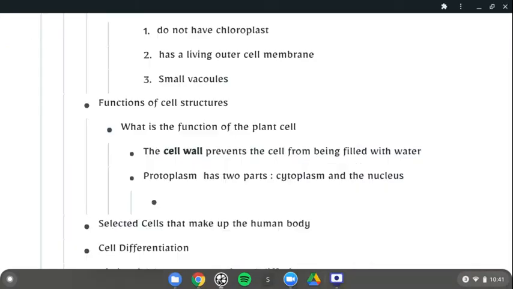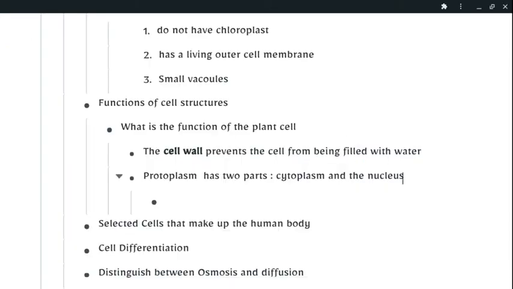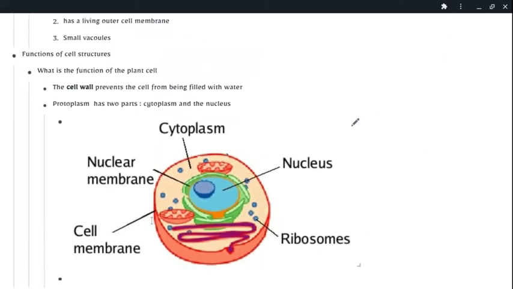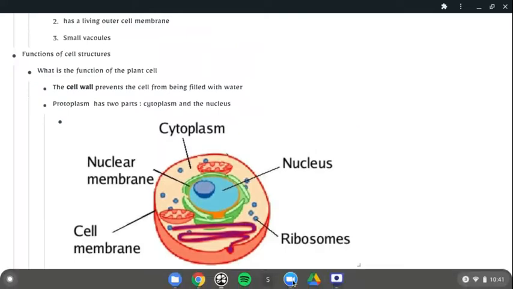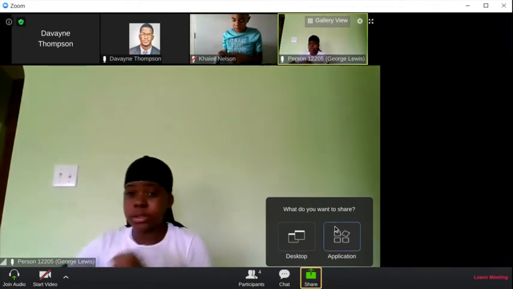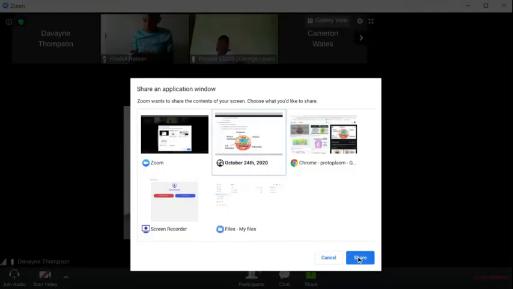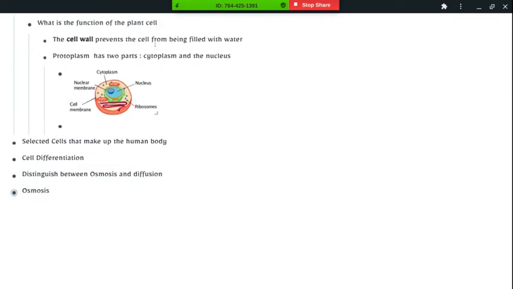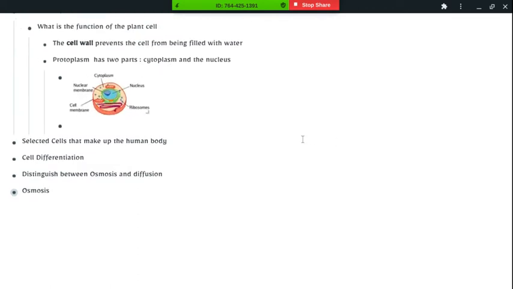I'm going to copy this image and paste it here. I'm going to share my screen. So here's the protoplasm. Can you see that picture?